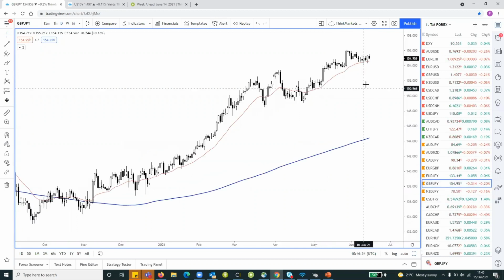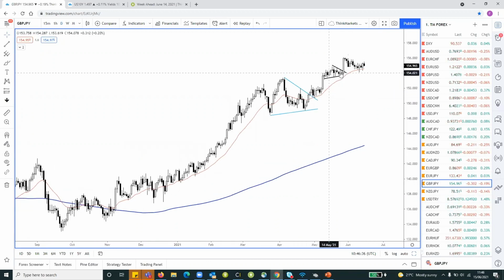Other yen crosses like the pound yen continue to trend in the upward direction. It did attempt a breakout this morning from this bull flag, or whatever you call that continuation pattern.